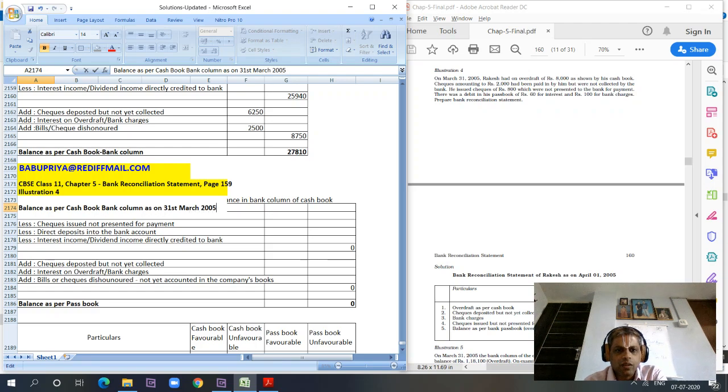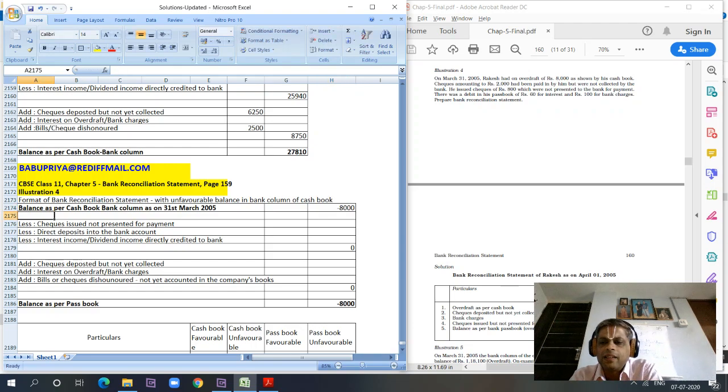Unfavorable balance of 8,000 rupees, a negative balance of 8,000. Checks amounting to 2,000 rupees had been paid in by him but were not collected by the bank. So Rakesh has deposited checks for 2,000 but they have not been collected by the bank.